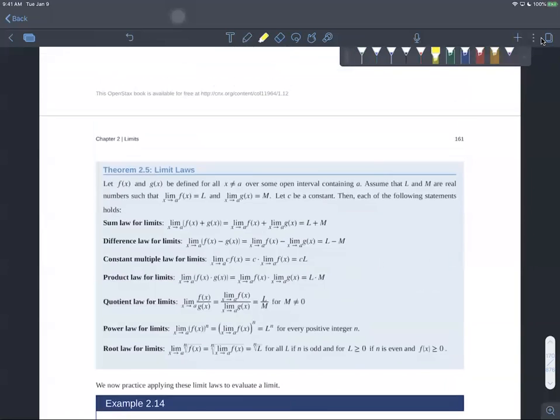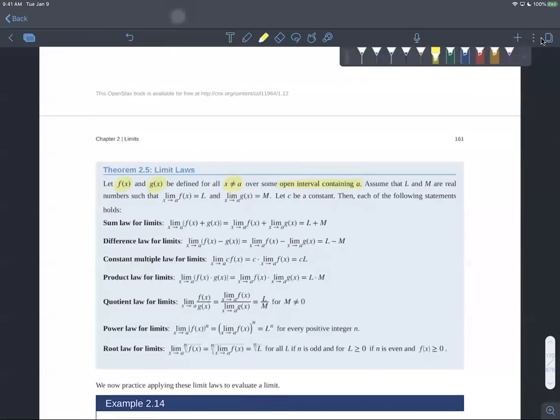Theorem 2.5, limit laws. Let f of x and g of x be defined for all x values not necessarily equal to a over some open interval containing a. Because when we're talking about limits, we're talking about values getting closer and closer to a, but we don't really care exactly what happens at a.